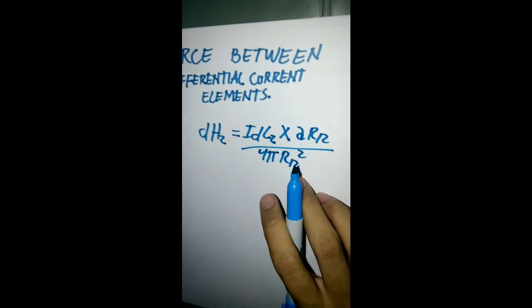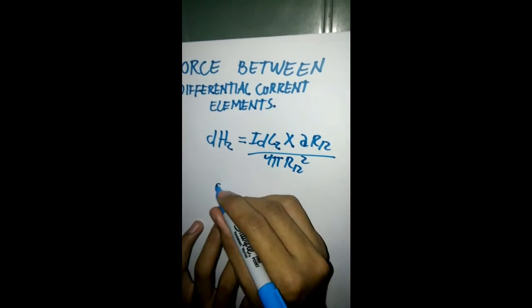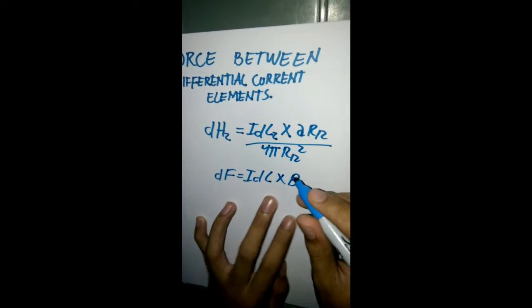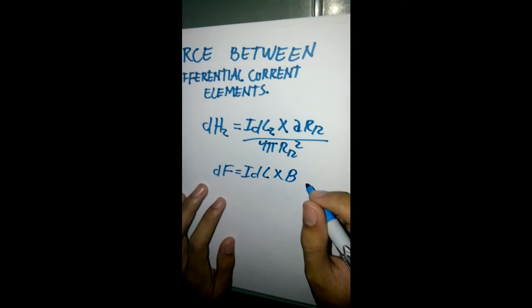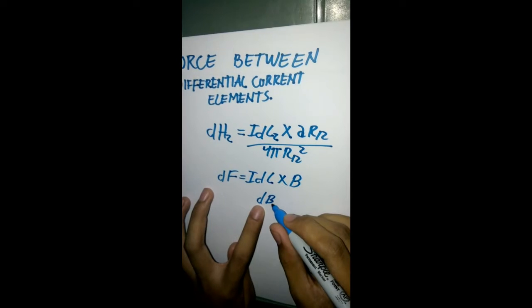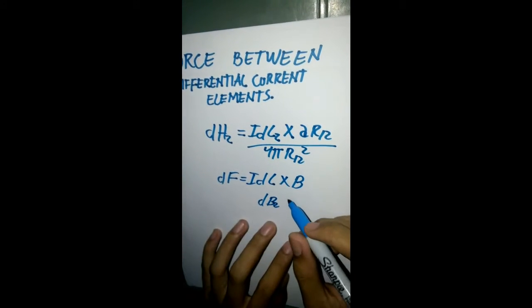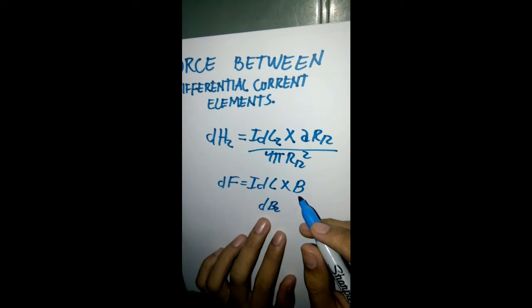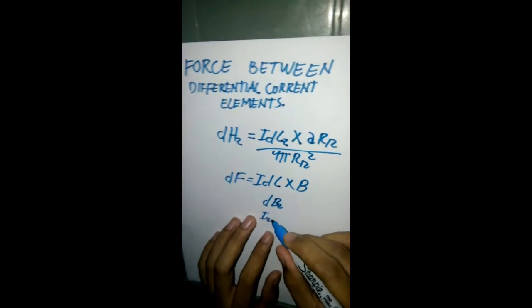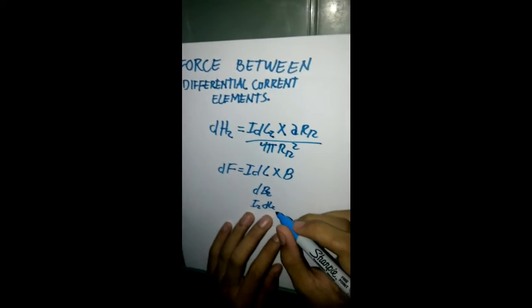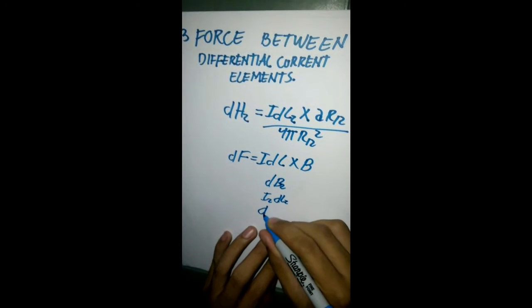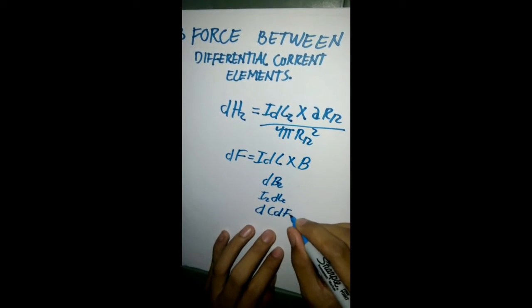Now, the differential force on a differential current element is dF equals I dL cross product B. We apply this to our problem by letting B be dB2, the differential flux density at point 2 caused by current element 1, by identifying I dL as I2 dL2, and by symbolizing the differential amount of our differential force on element 2 as d(dF2).